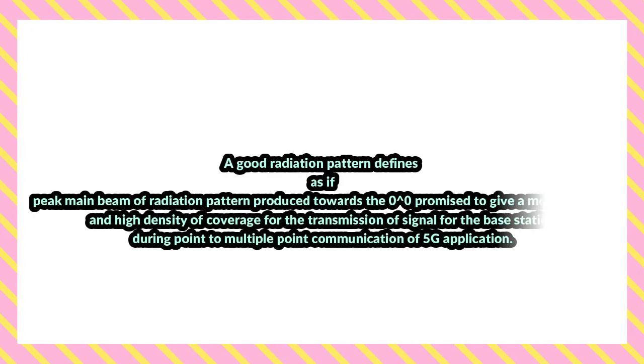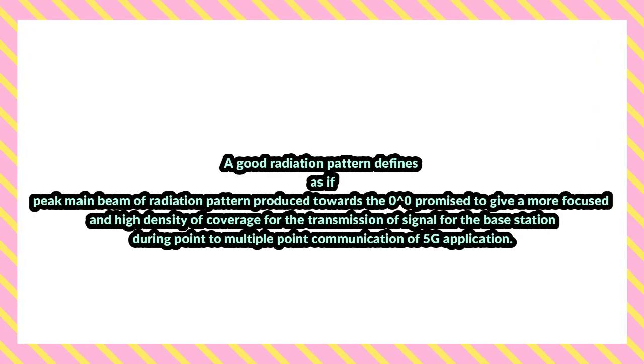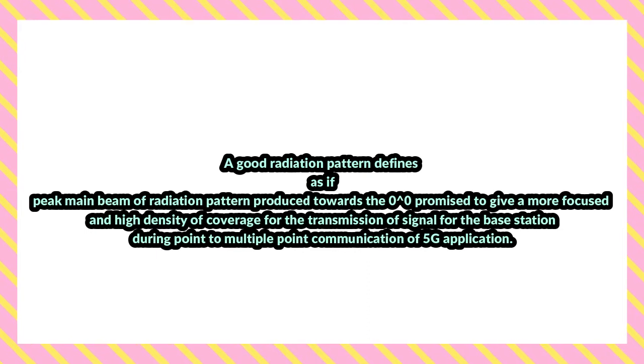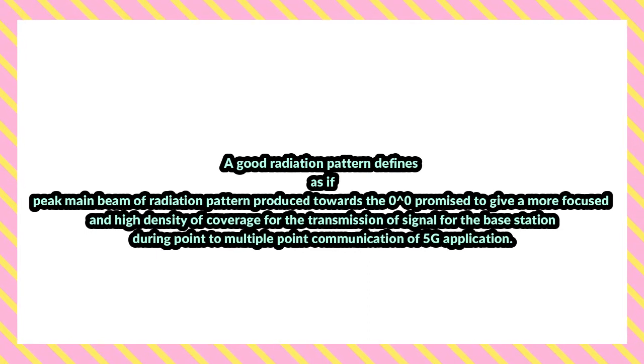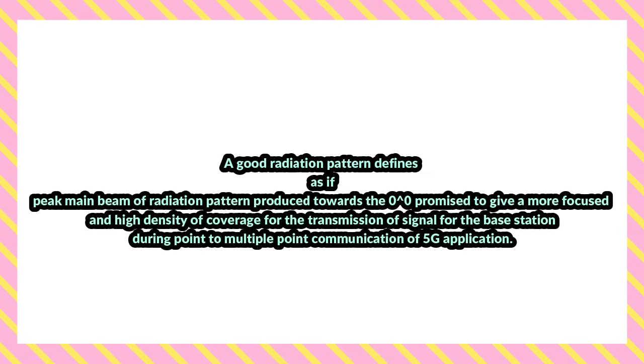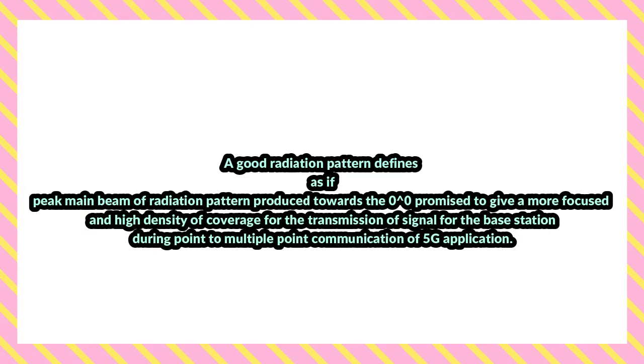A good radiation pattern is defined as one where the peak main beam is produced towards 0 degrees, which promises a more focused and higher density of coverage for signal transmission from the base station during point to multipoint communication for 5G application.